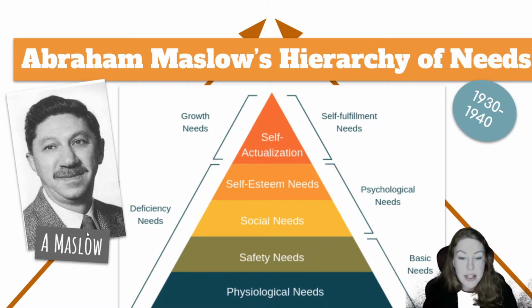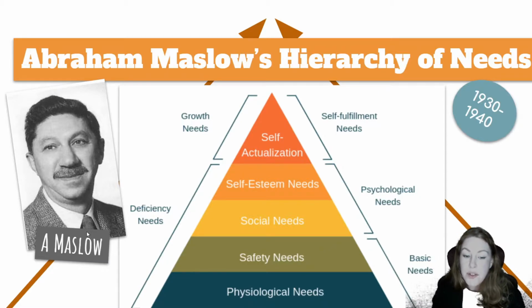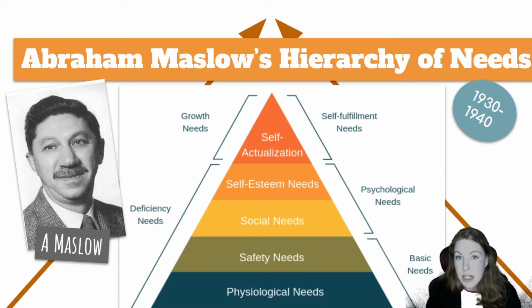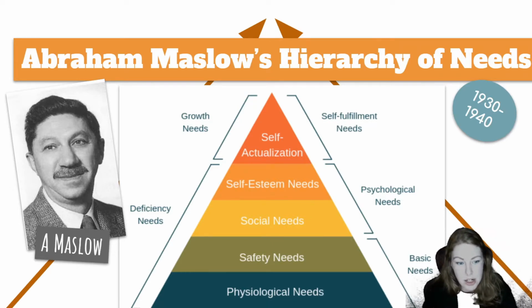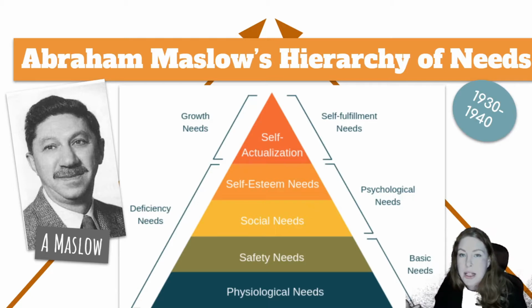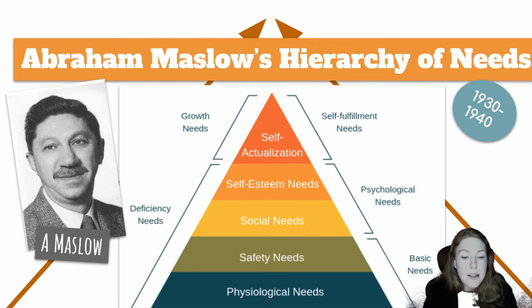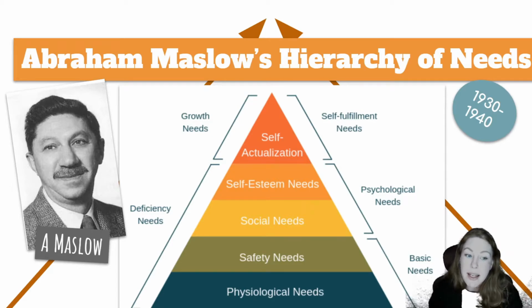The hierarchy of needs starts with the physiological needs, safety needs, social needs, self-esteem, and then self-actualization. In order for self-actualization to occur, someone needed to have all of their basic and psychological needs met before they could attain the highest level.